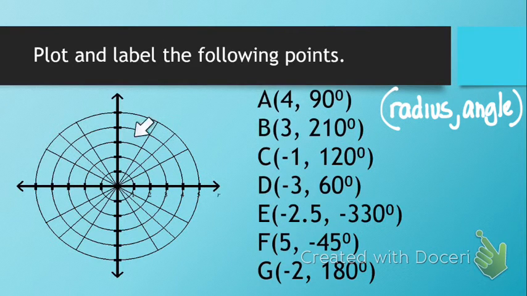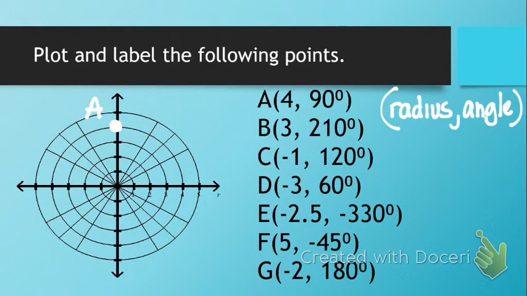So 90 degrees would be this axis right here. And then every circle represents a radius. So the fourth ring, so 1, 2, 3, 4. So right there, go ahead and put a point and label that A. So that's where point A would be.